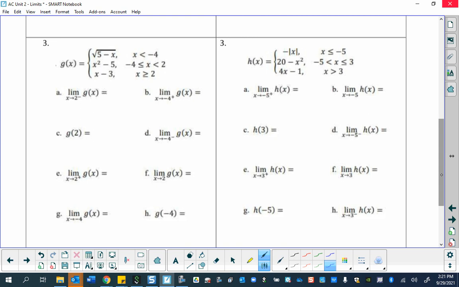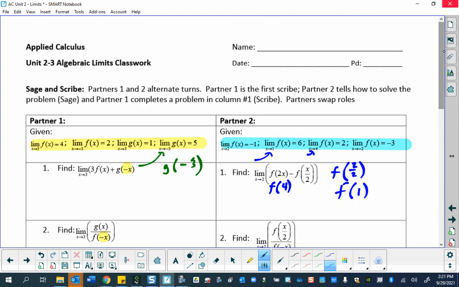Because it's not your job to answer, but it is your job to double check that everyone's doing it correctly. True or false? Partner 1 will have his entire worksheet filled out before partner 2 starts. False. Because you're going to go on 1, 2, 2, 3, 3, 4, 4, 5, 5. You okay with that? Questions before I have you start?